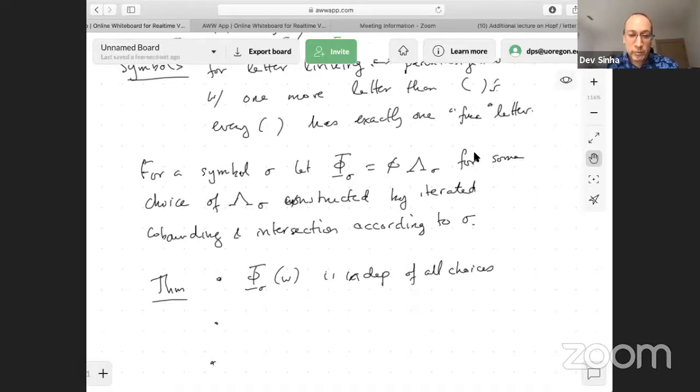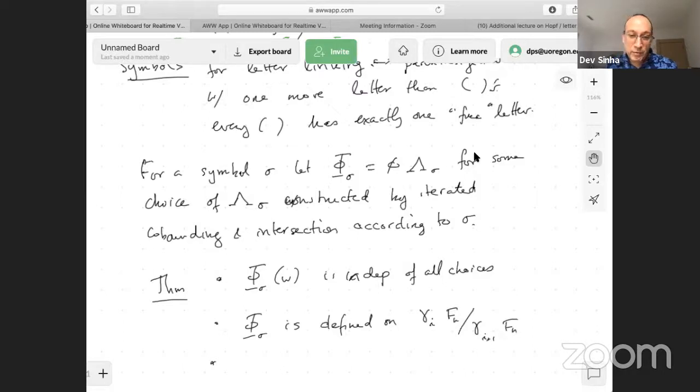W is a word in the free group. There's not too much you can do. You can insert A A inverse pairs. Phi sigma is defined on, we talked about the lower central series, so gamma I Fn modulo gamma I plus 1 Fn.